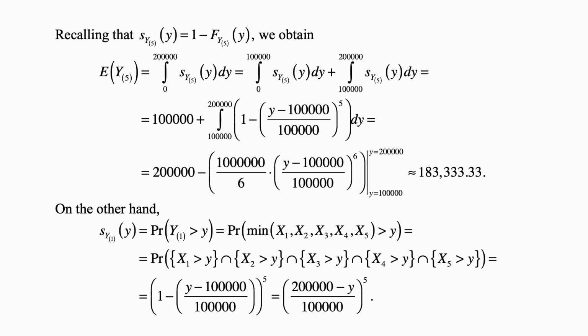Plus the integral from 100,000 to 200,000 of 1 minus ((y minus 100,000) over 100,000) to the 5th. Well, the integral of 1 from 100,000 to 200,000 is just 100,000. We add this to this other 100,000, we get 200,000. And then we need to take minus the integral of this ((y minus 100,000) over 100,000) to the fifth. Well, that's going to be equal to 100,000, not a million.